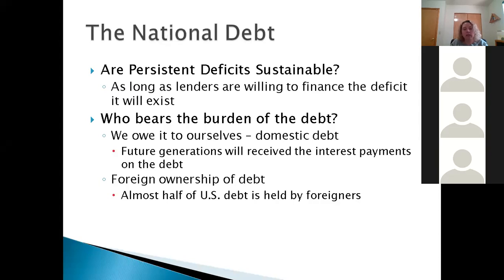Well, it can go on forever, as long as there are people out there willing to loan us money. It could literally go on forever. Oh, thank you. It looks like somebody posted our new national debt amount for me, and it's $23.6 trillion. Thank you for that.